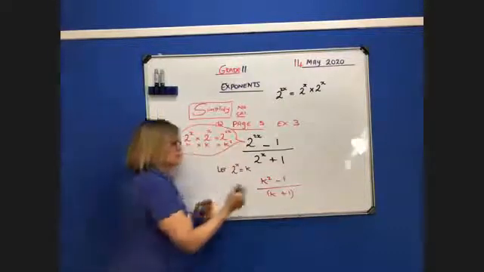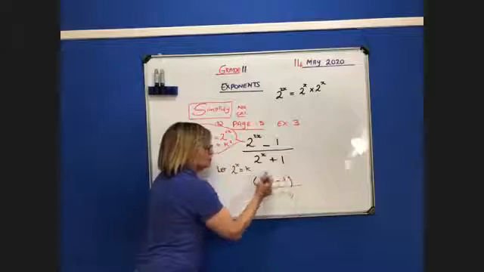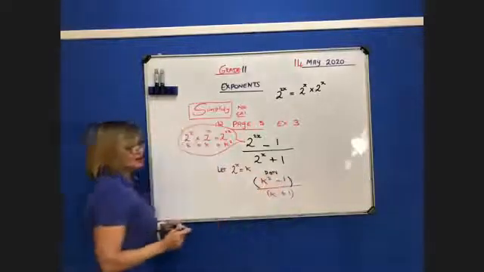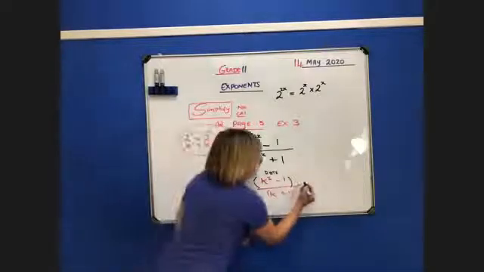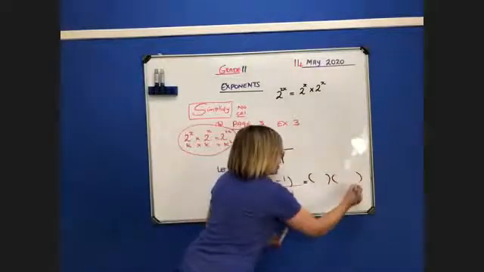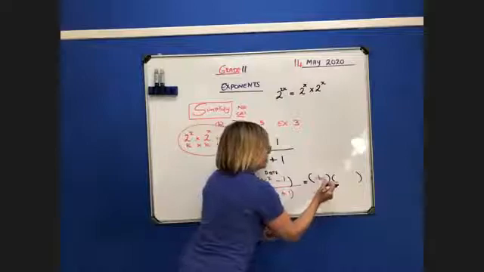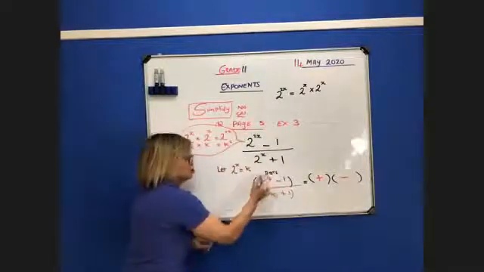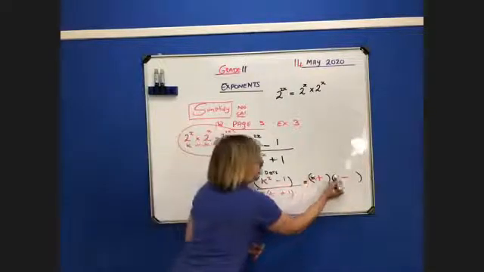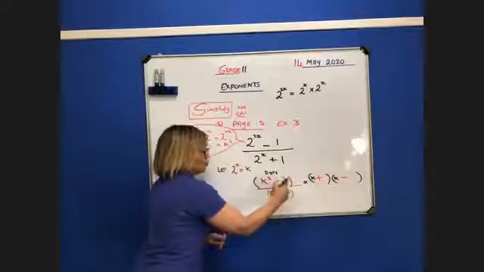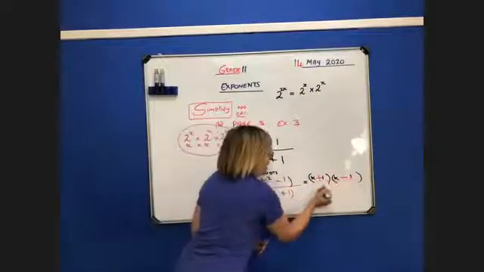Now in the numerator, do you see this is the difference of two squares? So I can factorize the numerator. Do you remember, one bracket gets a plus, one bracket gets a minus, square root the first term, put it in the front, square root the last term, put it in the back.